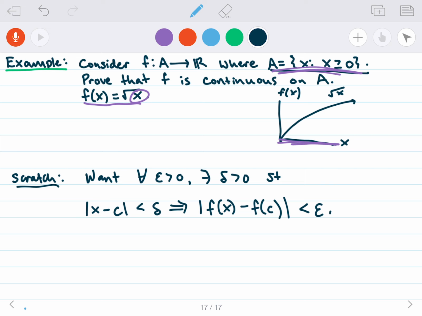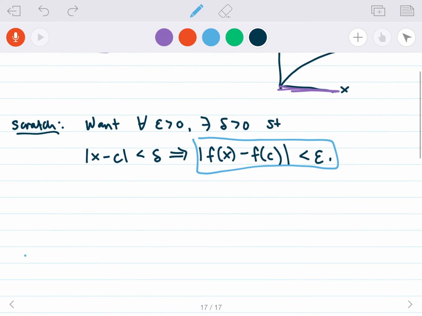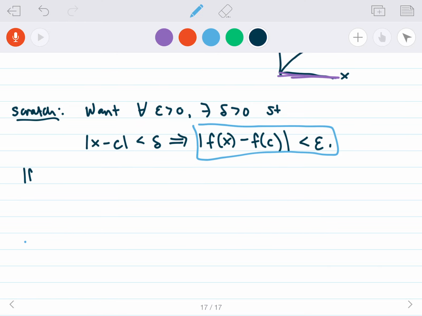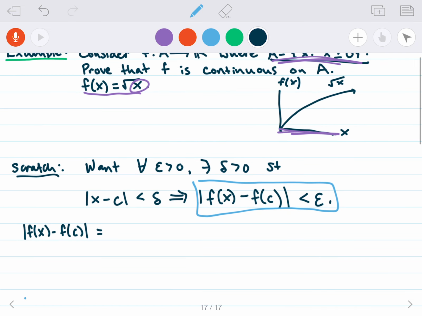That's what we want. So again, we're going to start backwards and see if we can figure out what delta needs to be. Okay, so we have f of x minus f of c. Well, f of x is root x and f of c is root c. So this is just root x minus root c.